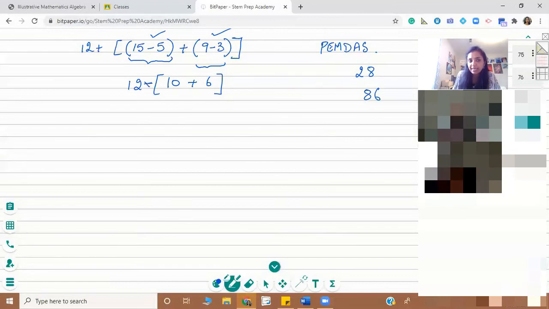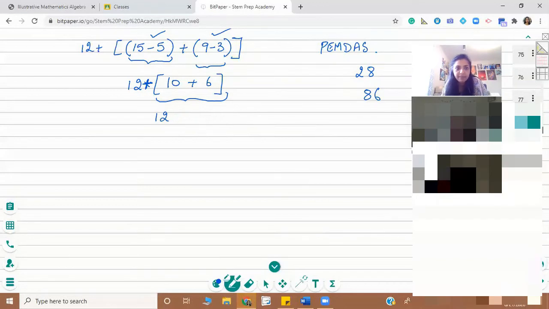Oh, this is a plus sign over here. Sorry. So now we have to get rid of the other bracket. 16. Yes, 12 plus 16 because it is a plus sign. Xenia, you are absolutely right, beta.